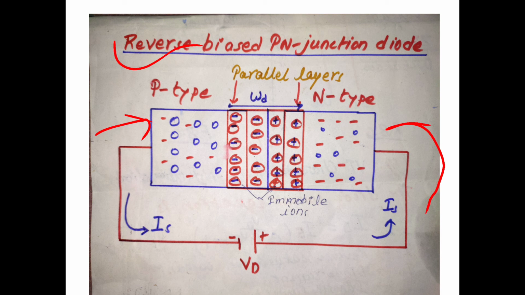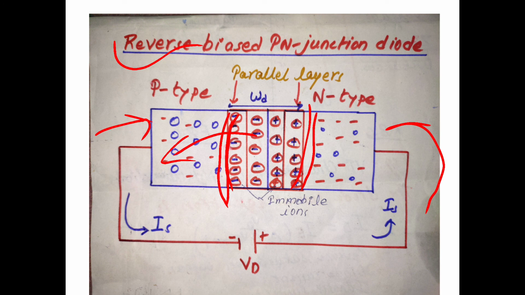In this case, all the majority charge carriers move away from the junction, and they leave only immobile, uncovered charge carriers, which will create parallel layers of oppositely charged immobile ions.